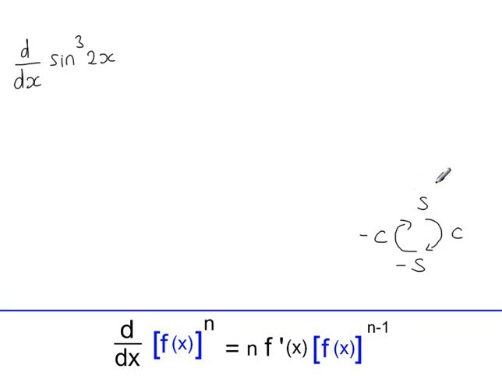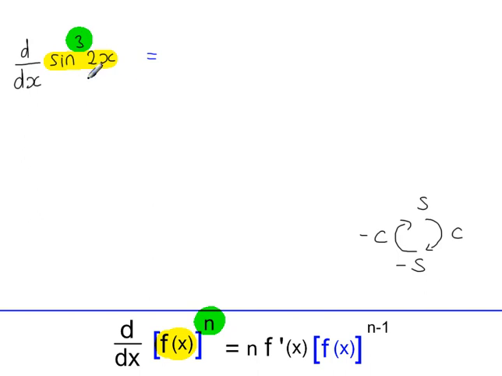Using this diagram here for differentiation, if we differentiate sine going in a clockwise direction, we get cos. Differentiate sine to get cos. So the function inside the brackets this time will be sine 2x, and the power, n, is 3.